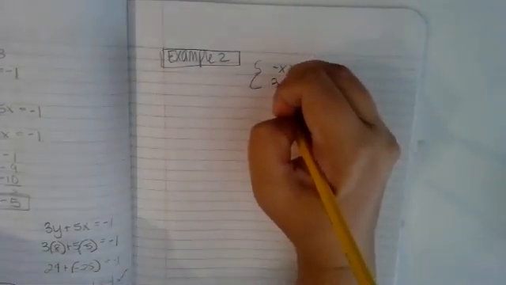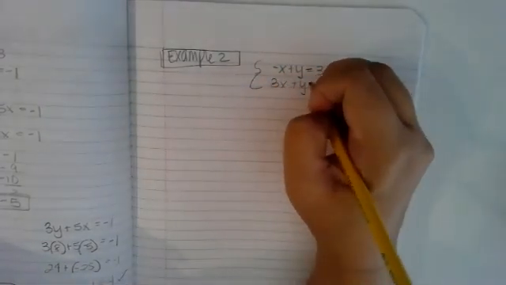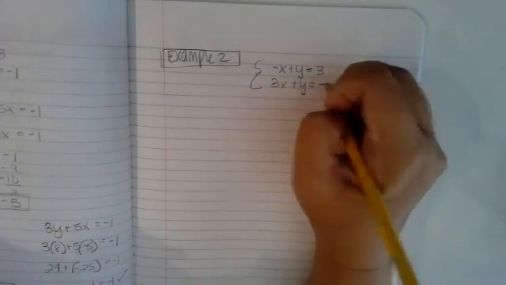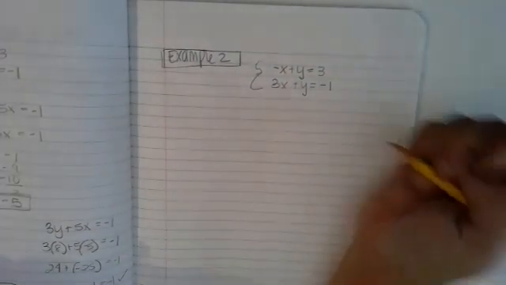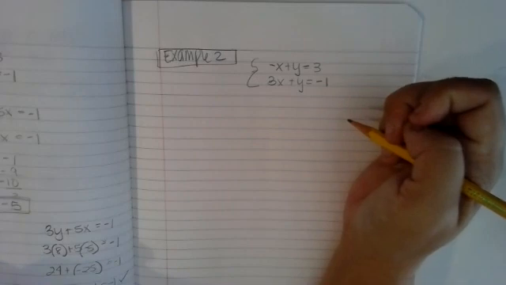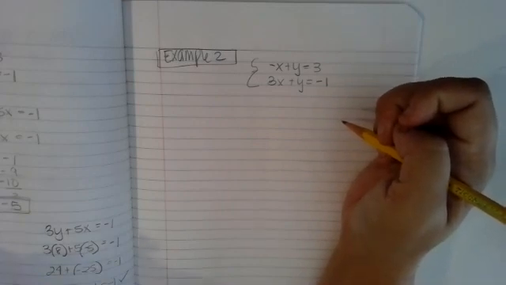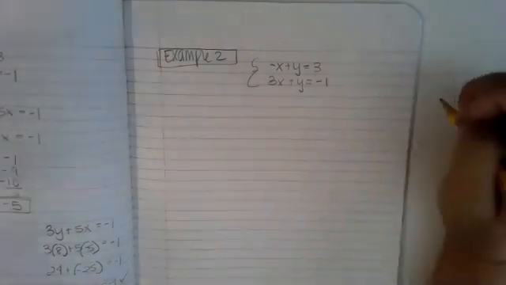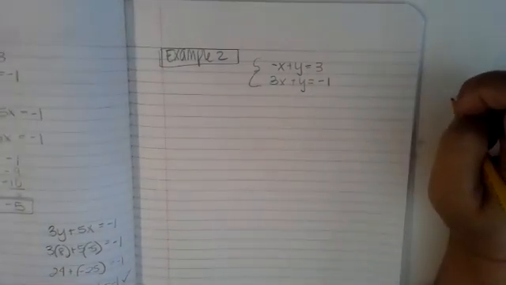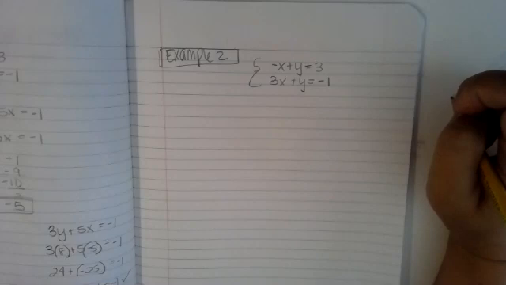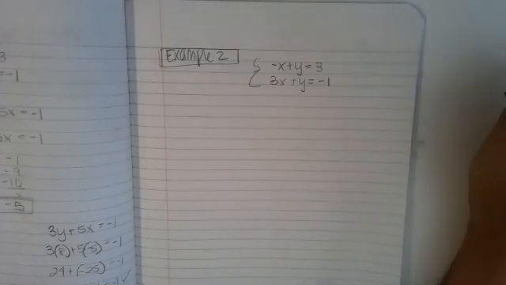And this here is 3x plus y equals negative 1. Okay, so neither one of these has one variable isolated. So that's the first step that I need to do.